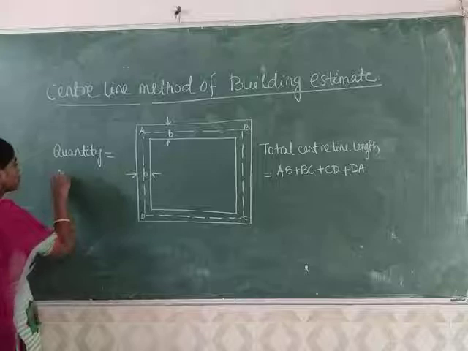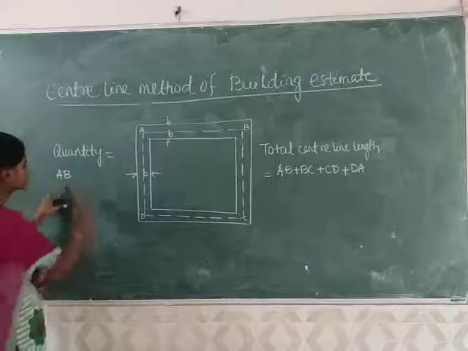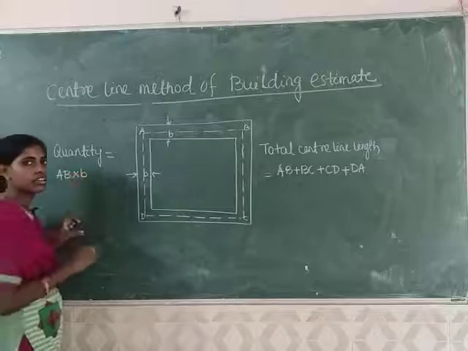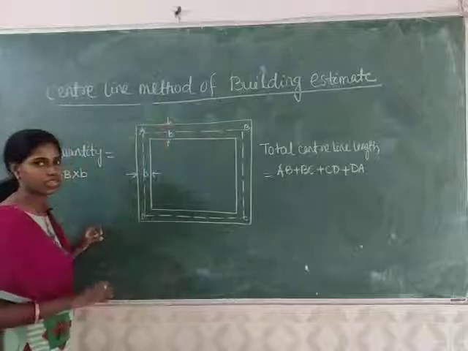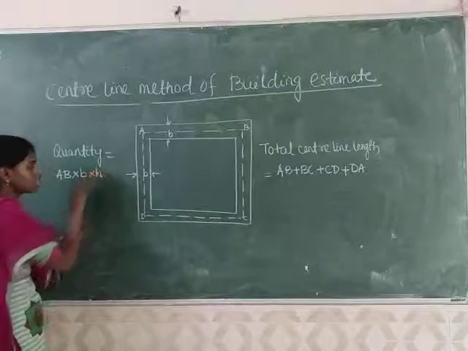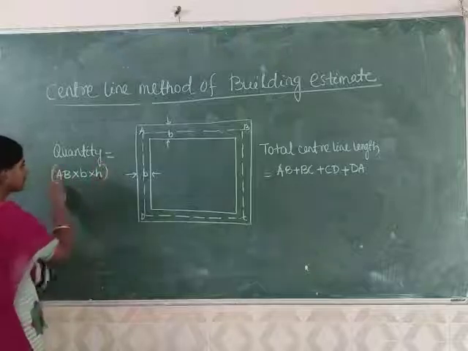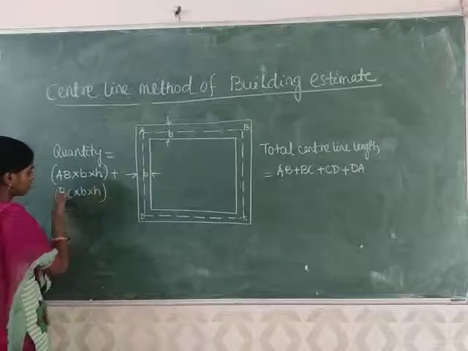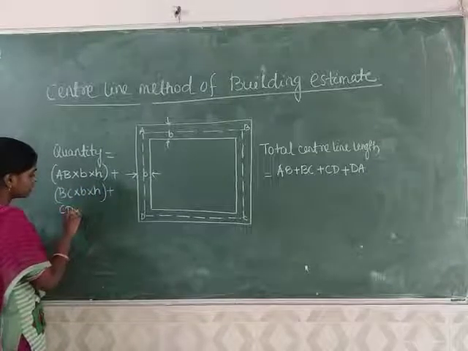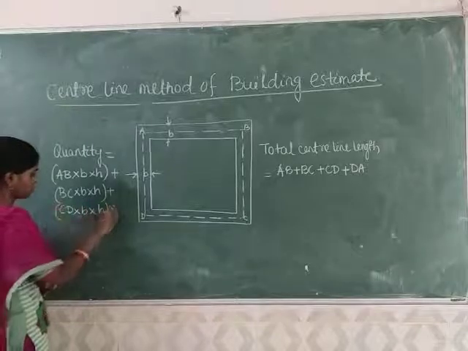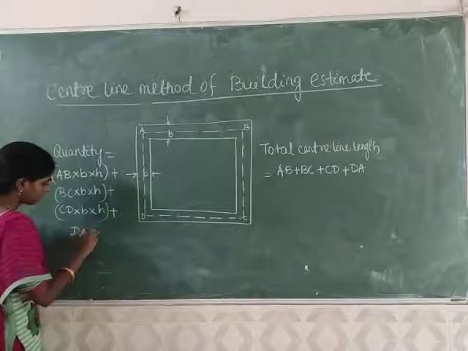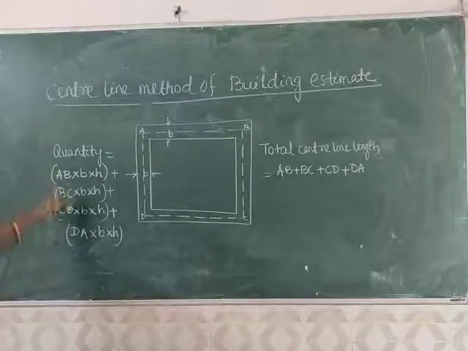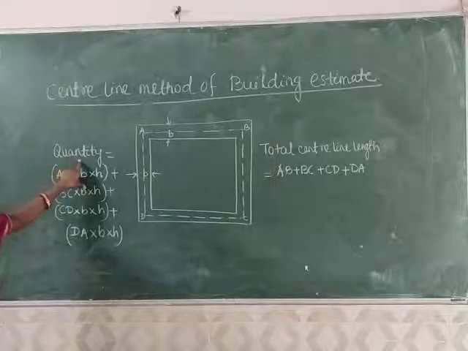So, we can write it as AB into B, where B is the width of the brickwork in the superstructure, into H, where H is the height of the superstructure, plus BC into B into H plus CD into B into H plus DA into B into H. So, in this way we will calculate the quantity.